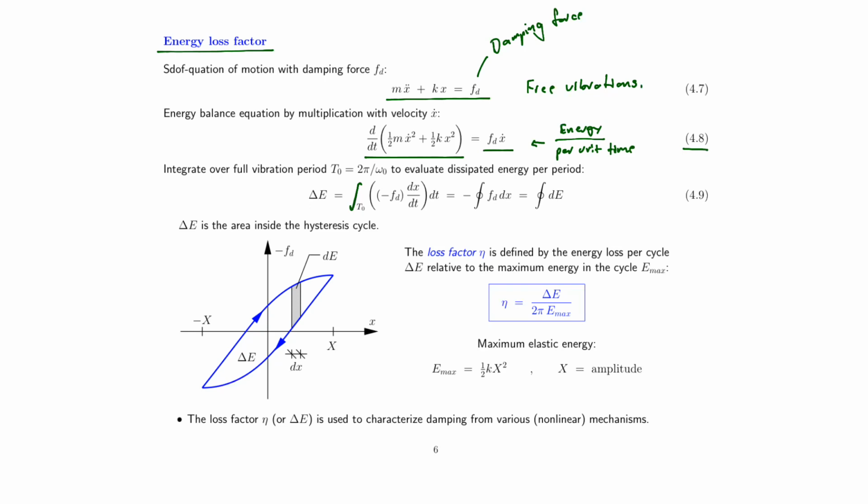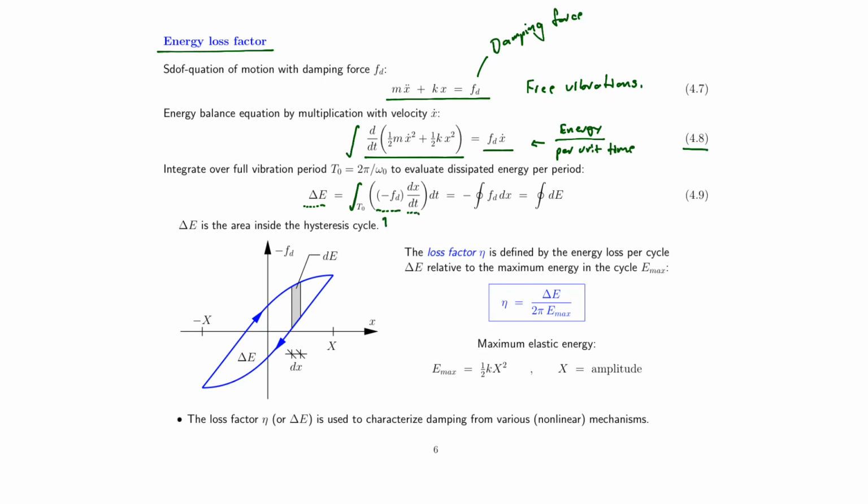So we apply an integral on both sides. And on the left-hand side, when we integrate the rate of mechanical energy, we will actually obtain what we refer to as the change in energy. And this change in energy can be evaluated by the right-hand side of 4.8. So we apply an integral, and inside the integral we will have Fd times the velocity.